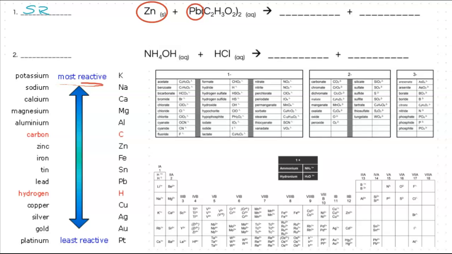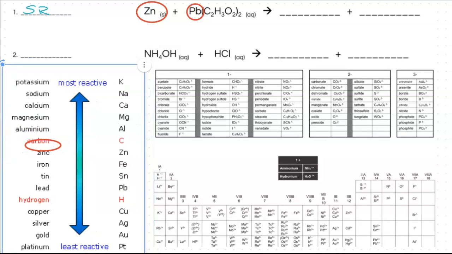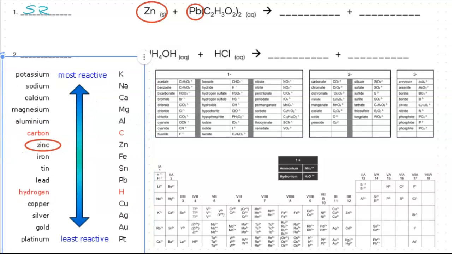This is our activity series of metals. You have this on your reaction cheat sheet, and I need to compare the reactivity of zinc to lead. When I look at my activity series, here is zinc, and lead is down here below zinc.